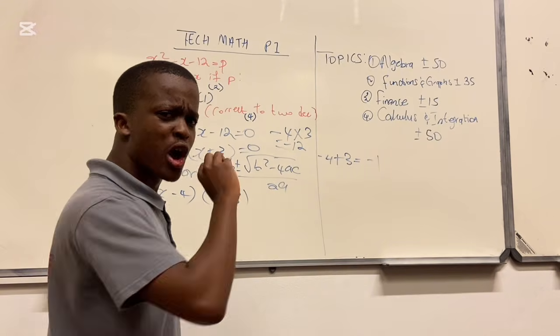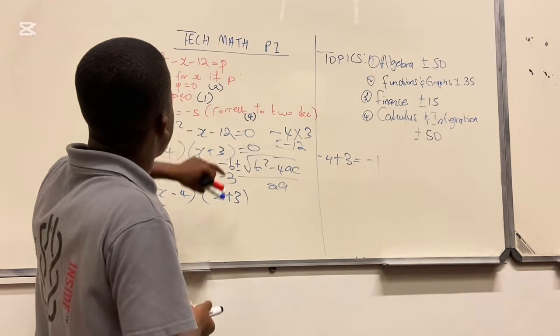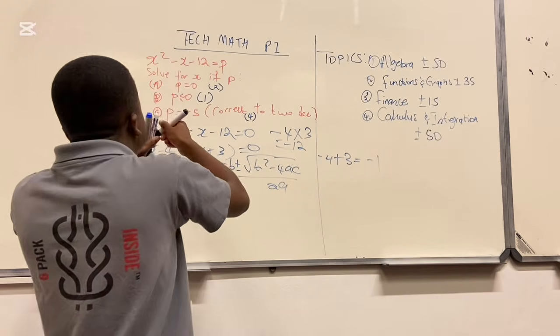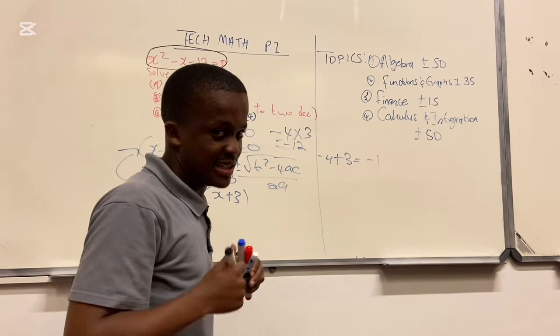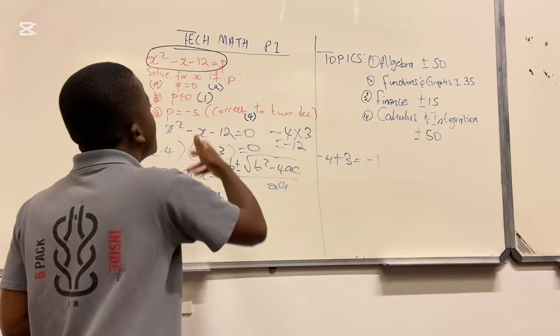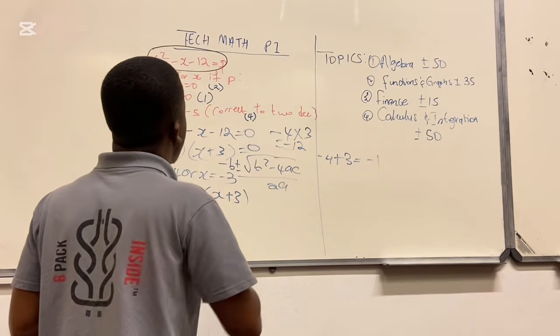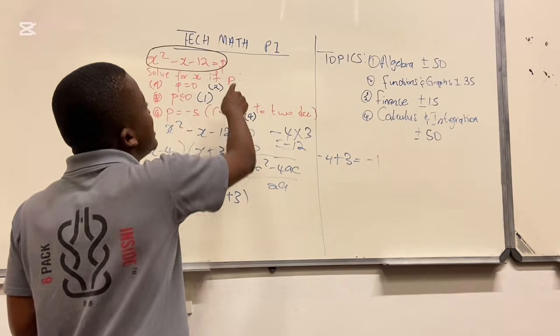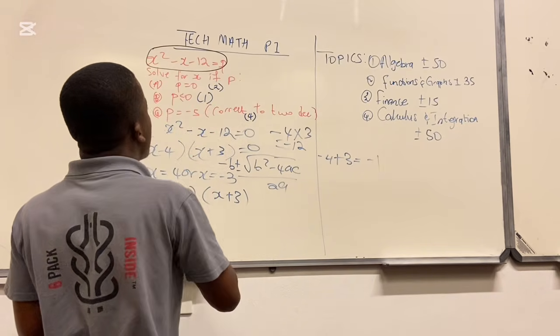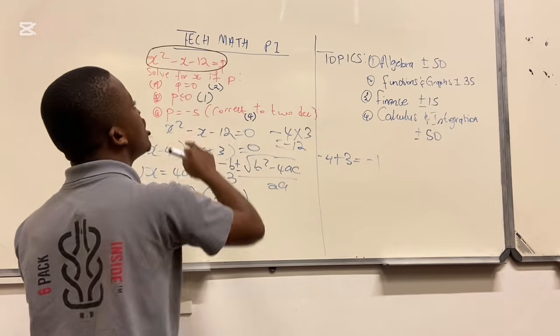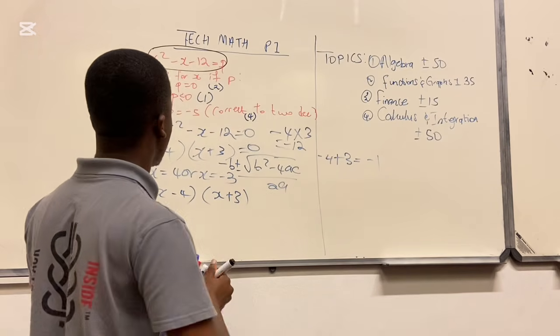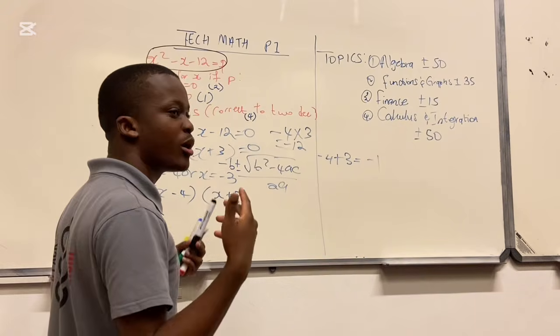Now I want you to look at this question. We are using the same equation here, guys. That's why we have 1 mark here, because they know that P is there. So we are saying P is equal to this equation, x squared minus x minus 12. So P is less than or equal to 0.